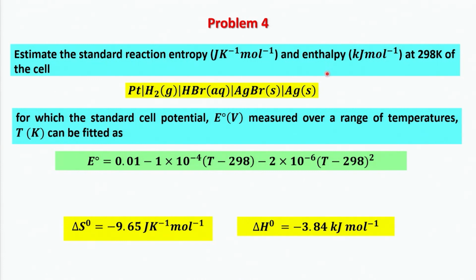So, all you can do is find out the derivative with respect to temperature of this quantity E naught, use that to find out the standard reaction entropy and also find out the standard reaction enthalpy. And we find that this is going to be an exothermic electrochemical reaction.